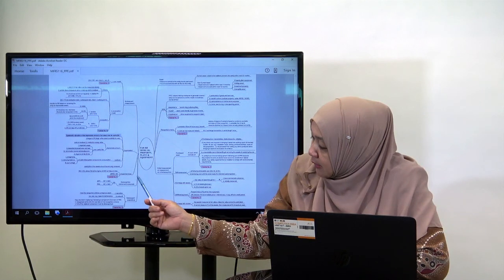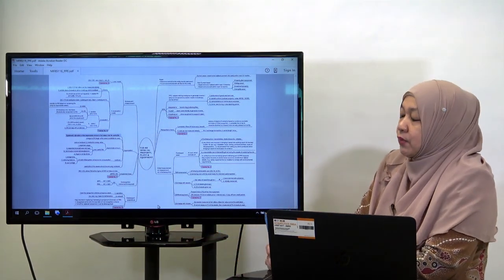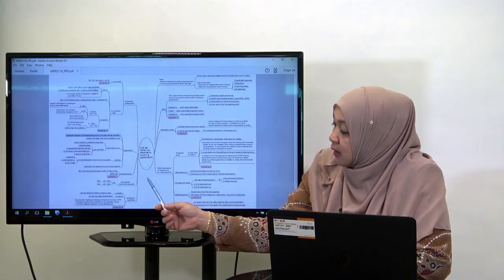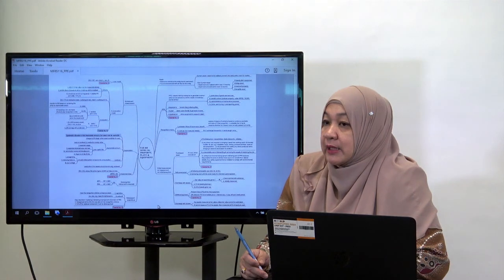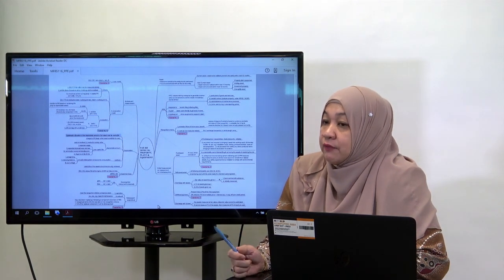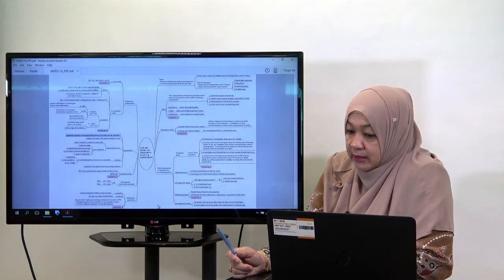Okay, and then let's say that you decided to retire or dispose of one particular PPE, then you have to de-recognize that particular asset, meaning that you have to take the value of that particular PPE out of your PPE account.